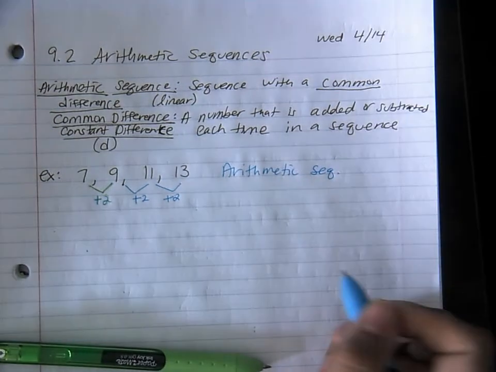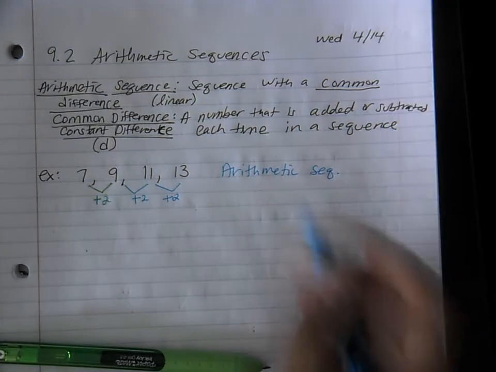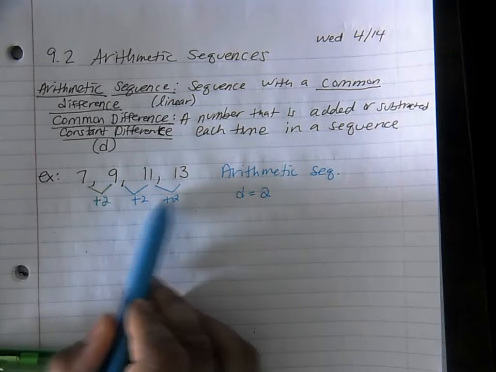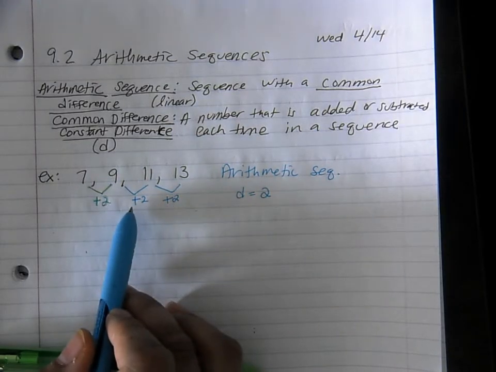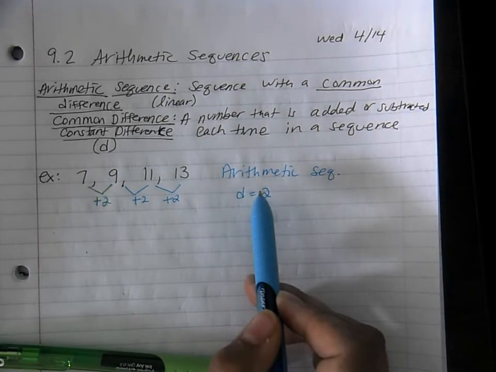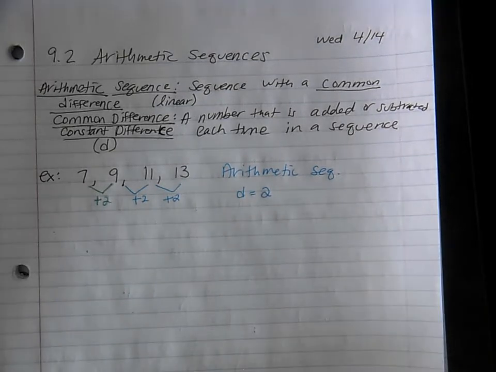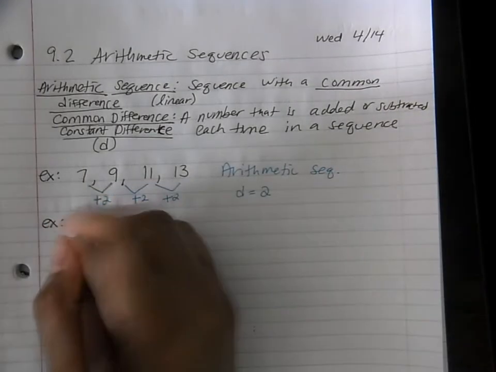And then if it did ask me what is the common difference, then I would be able to identify it as 2. It's a positive 2 because it was adding 2 every single time. So it's always based on whatever the sign is. If it's positive or negative, that's how you would see that D value or difference. And then if we were to write the equation for this, which we'll do later on, it would be written like a linear equation.